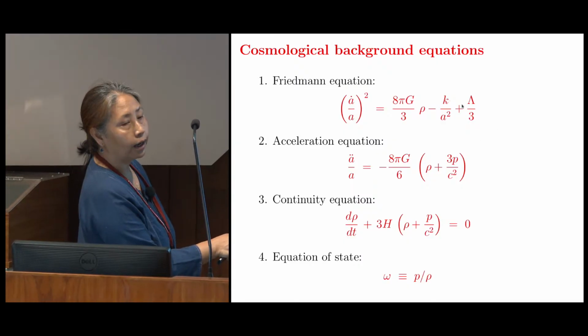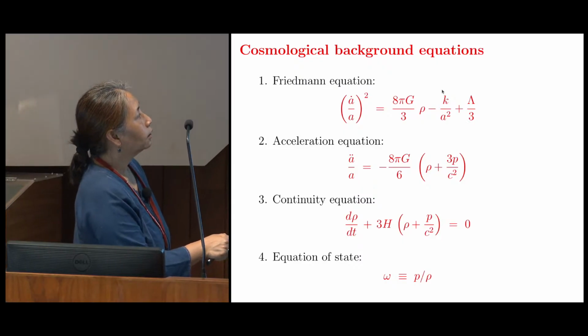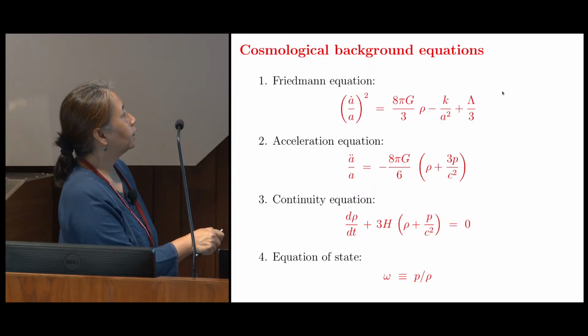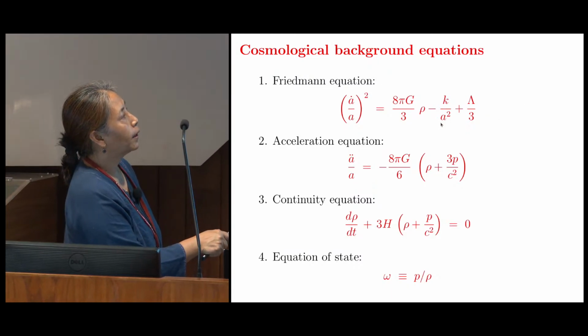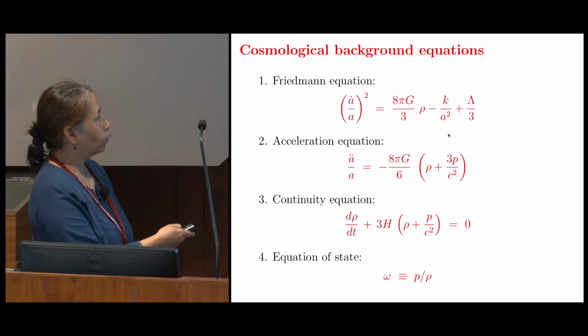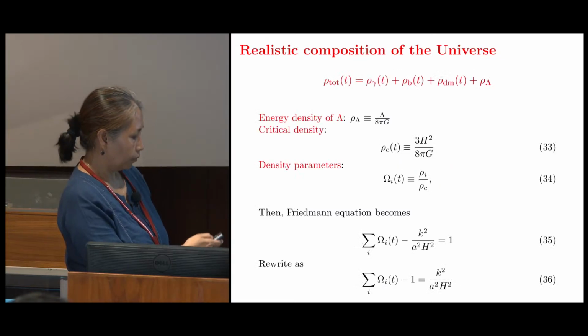Similarly, this lambda I have changed into a rho lambda, divided by rho critical, and I want to compare with this k by a square. So let us look at what the equation looks like now.